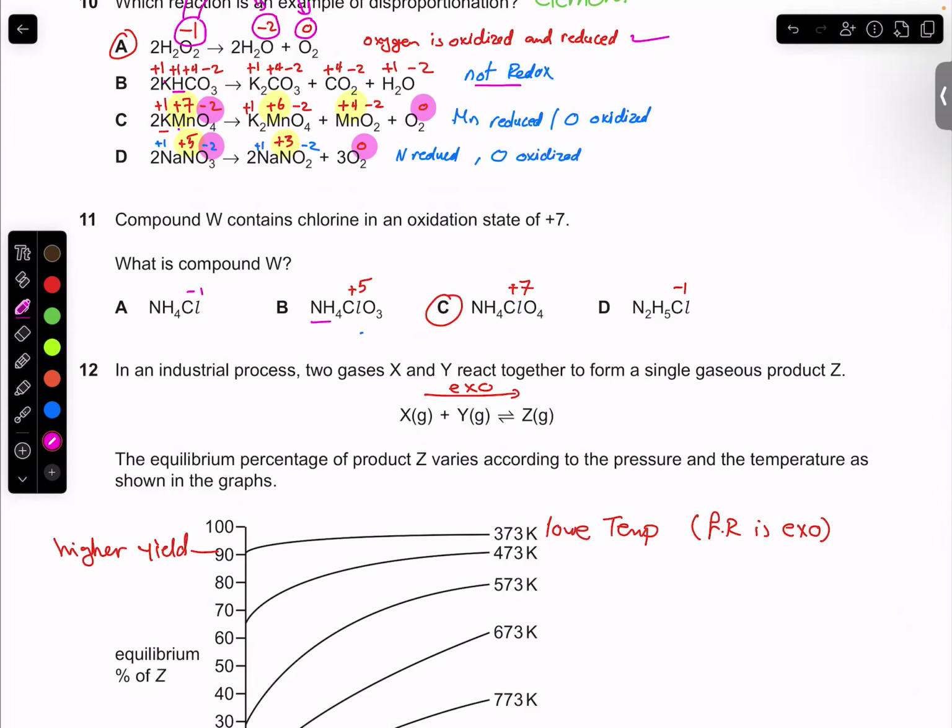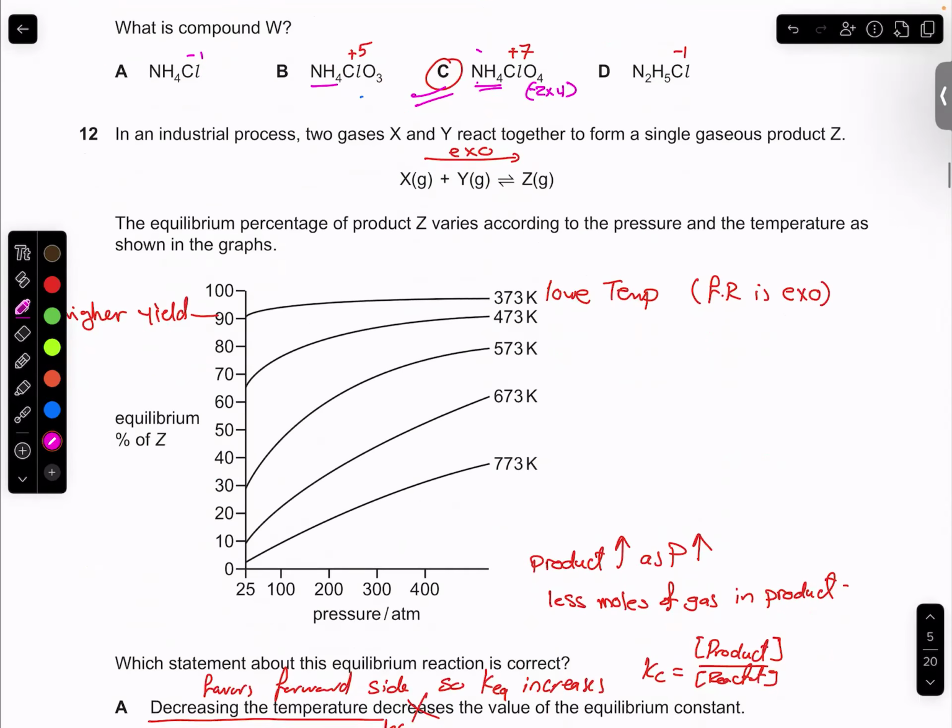And here NH4ClO3: NH4 is +1 and O3 is -6. So Cl is +5. And here NH4 is +1, all NH4 is +1, and ClO4 is -2 times 4 equals -8. So Cl is +7. So the answer is C.